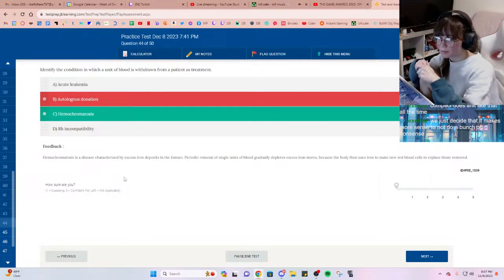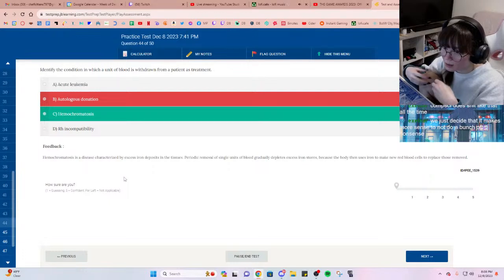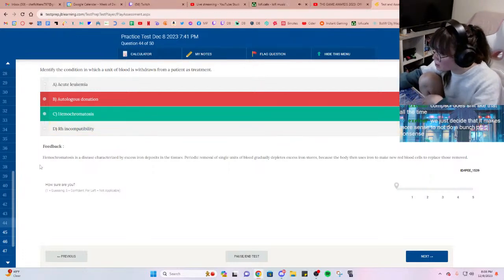You would give your own blood a week or so before surgery in order to use your own blood again during the surgery, so they don't have to use someone else's, and it eliminates a lot of risks. But hemochromatosis is a disease characterized by excess iron deposits in the tissues.